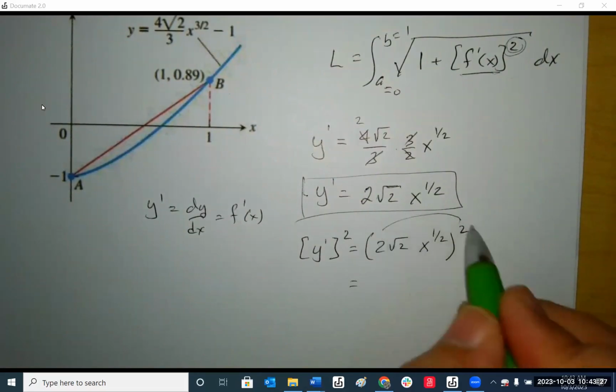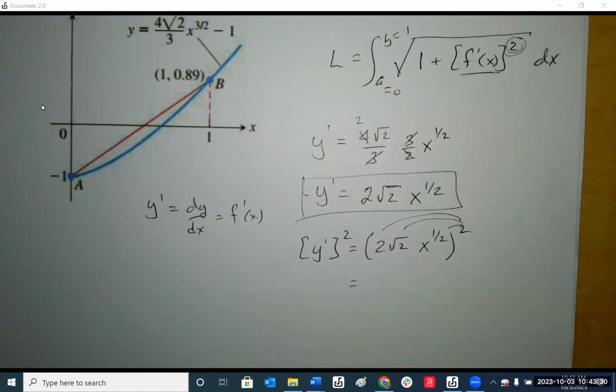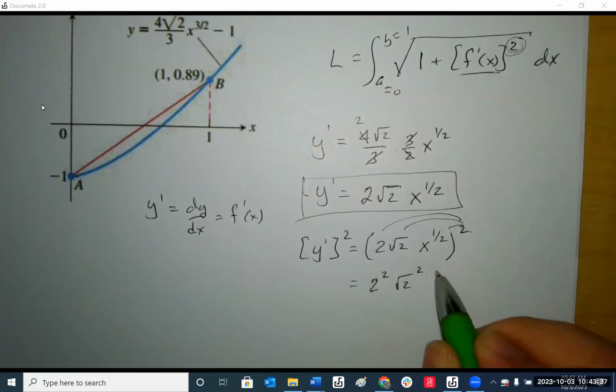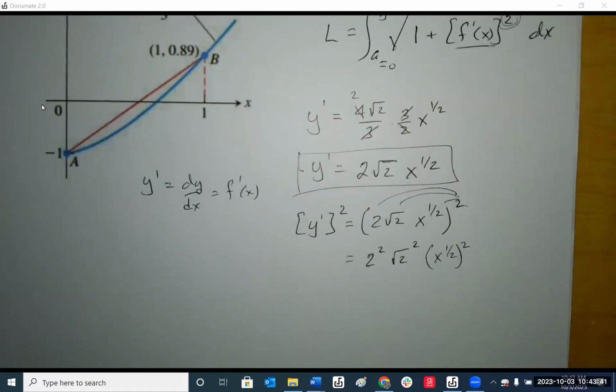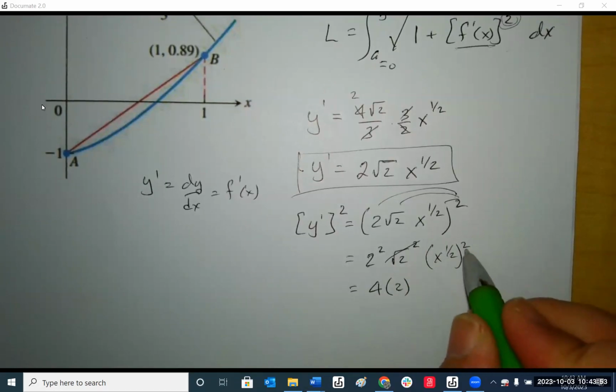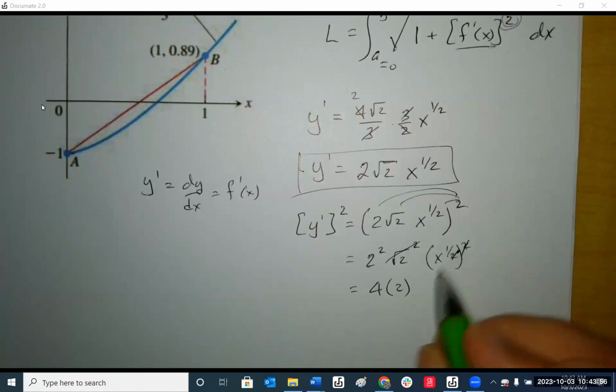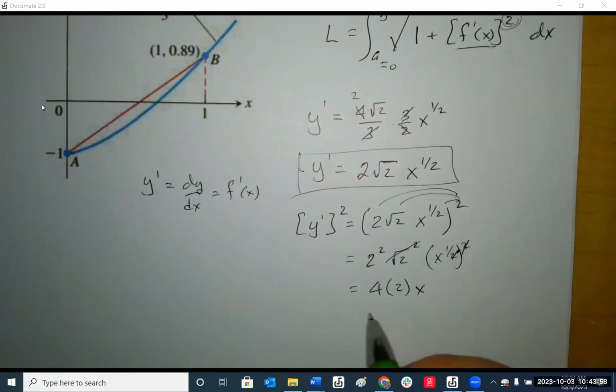So it gets distributed to every member. We have 2 squared, square root of 2 squared, x to the power 1/2 squared. Two squared is 4. The square root and the square cancel, so that's just 2. The 2's cancel, so we have just x. So the answer is 8x.